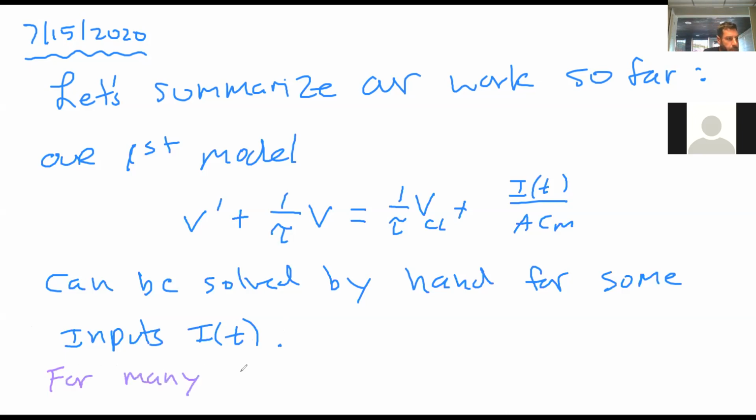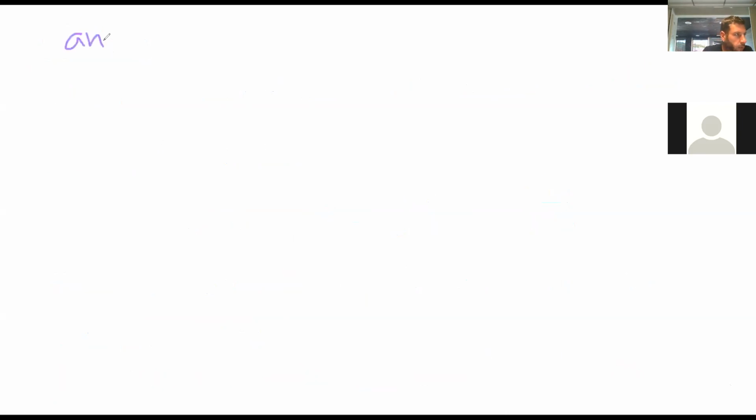And so we should also note that for many inputs, we can't obtain an exact solution.